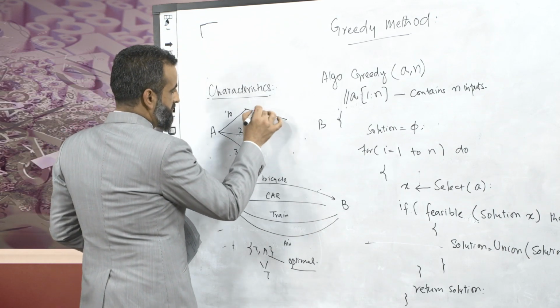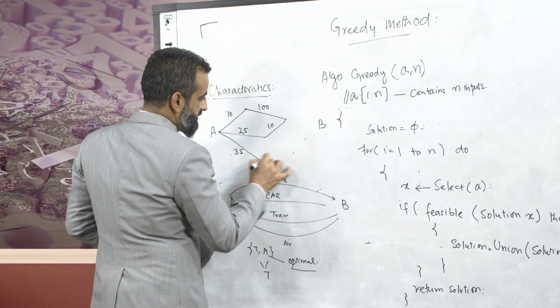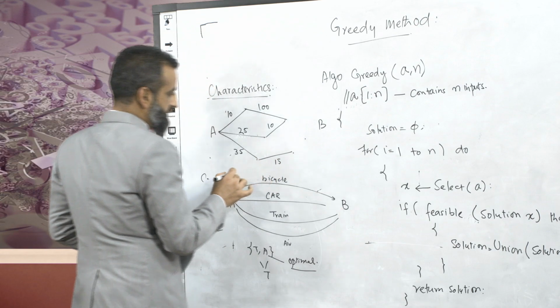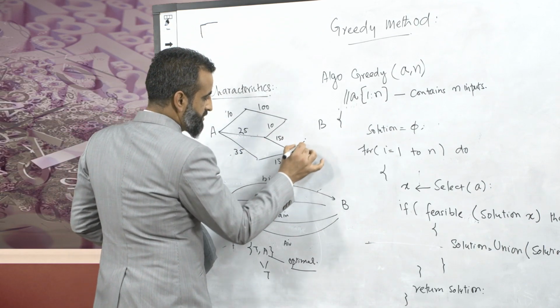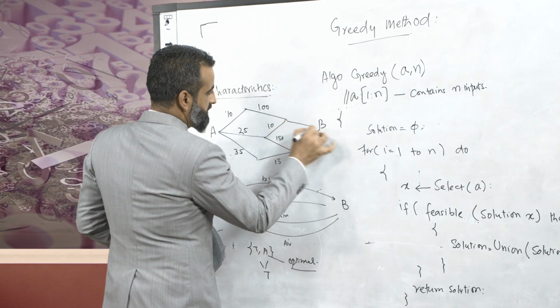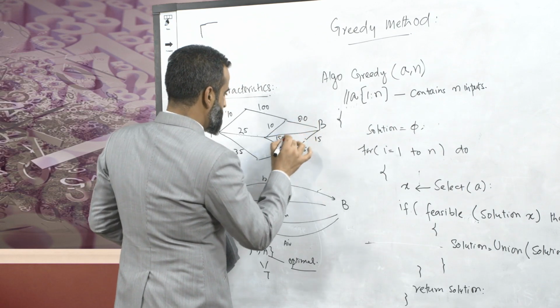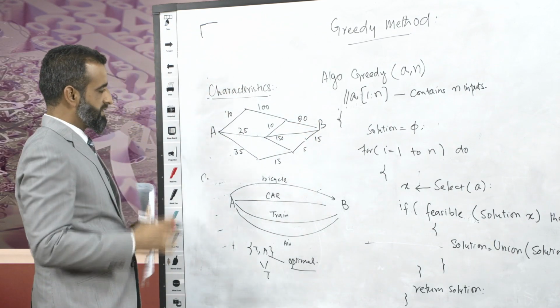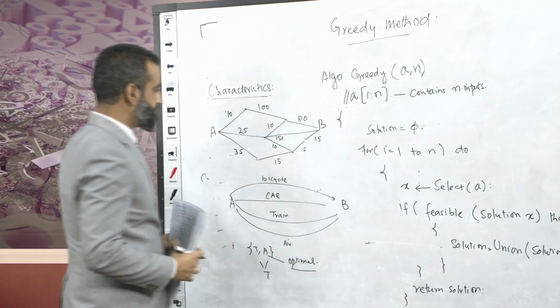This one from here may cost me 100, this 10, and this 15. This may cost 150, this may cost me 5, this may cost me 15, this may cost 80. Let's take one more path, and here let's say 10 more.